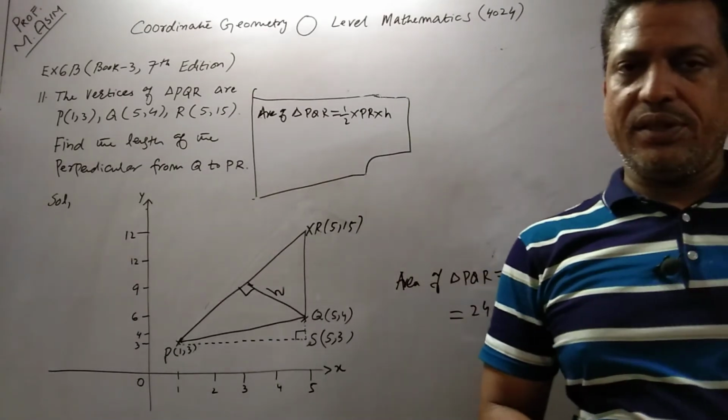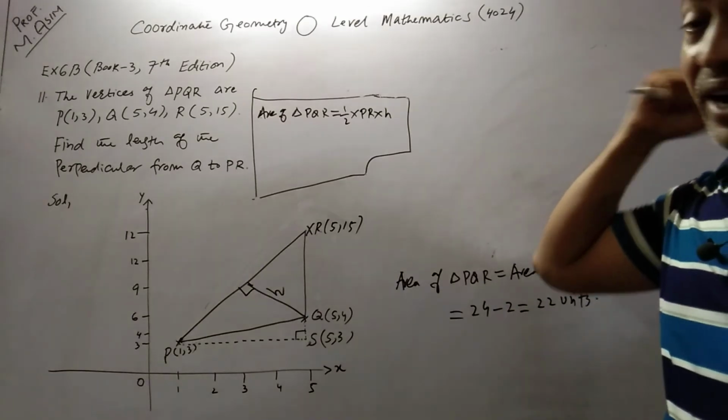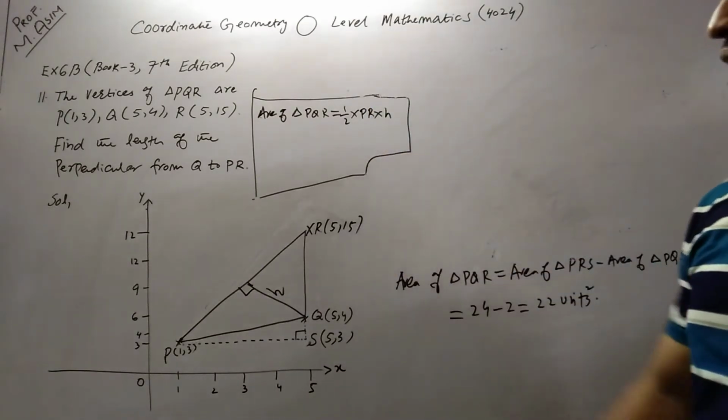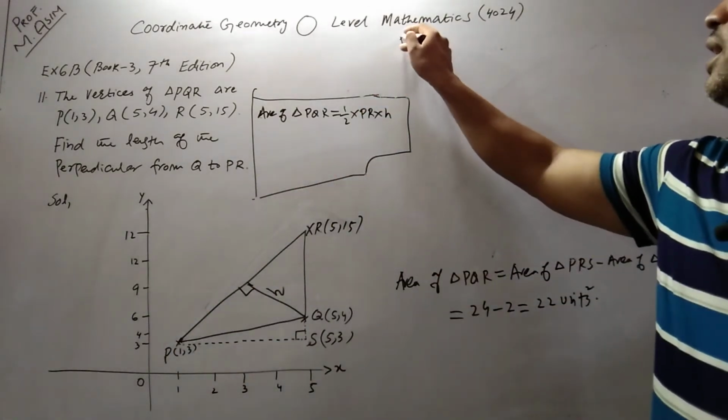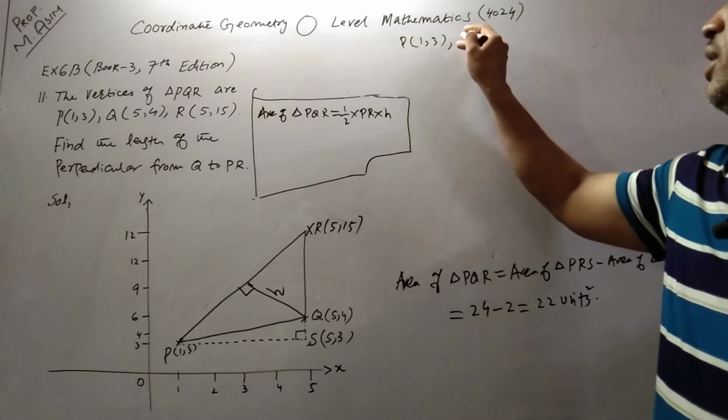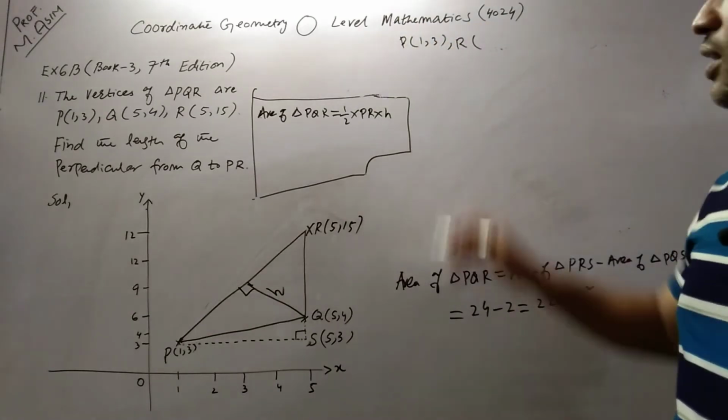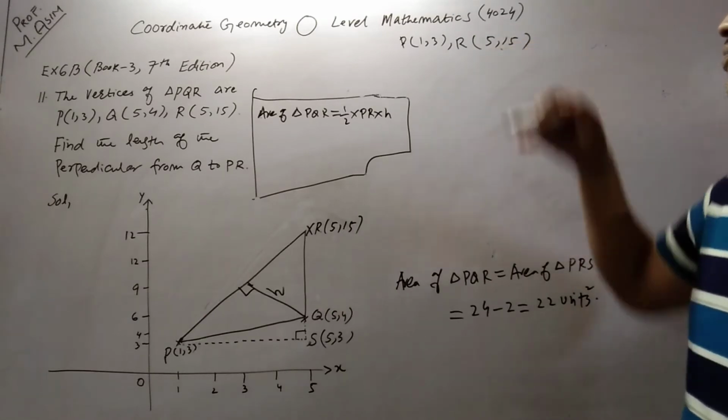Now we need two things. First, we have to find the value of PR. The coordinates of P are 1, 3, and the coordinates of R are 5, 15.